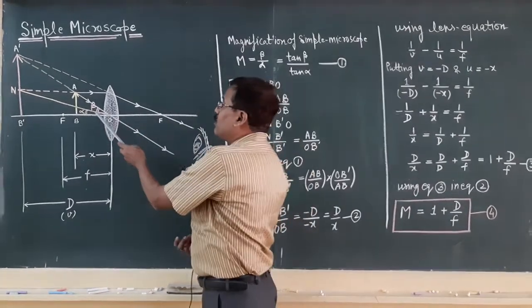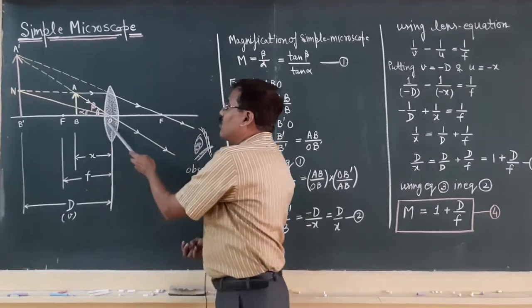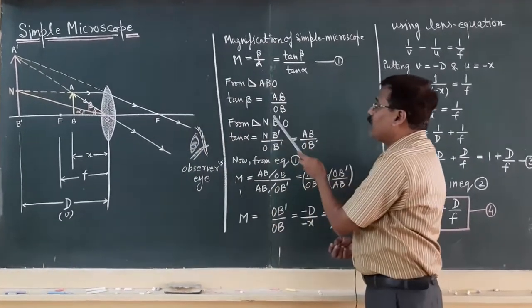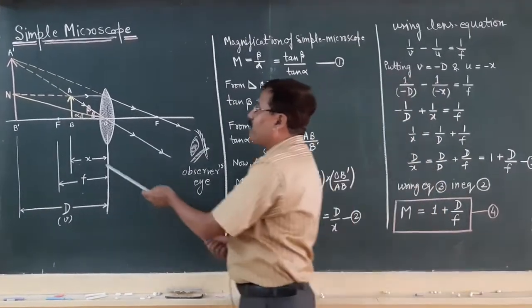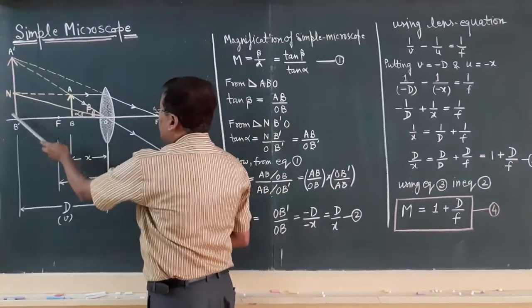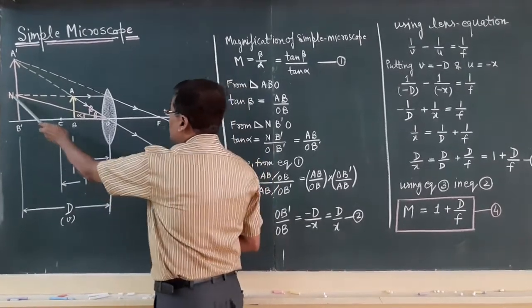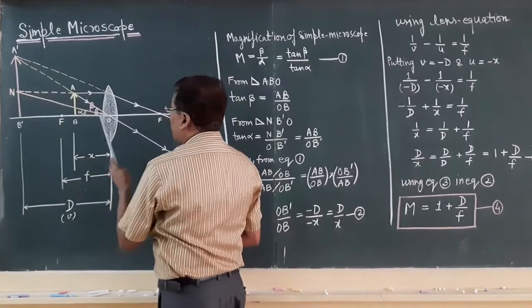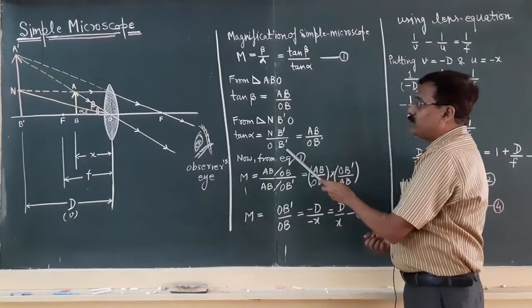In ABO, tan beta is equal to AB upon OB. Similarly, for tan alpha, we will take the right angle triangle NB dash O. So, tan alpha is equal to NB dash upon OB.